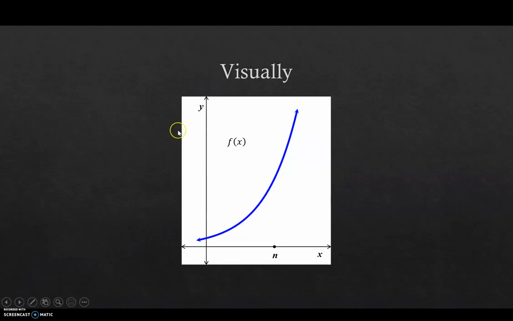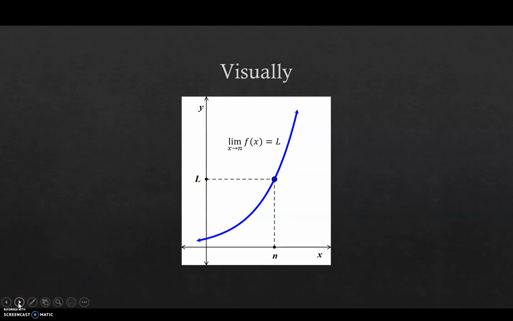So, I've got my little graph right here. This blue curve is representing my function, and here's n, my little x value, the input that I'm plugging in. What I'm going to do is follow this up to where it is on the function and then come over to the y value over here on the left. That's representing my output, my answer. That's L. Okay, so again, start at n, go up to your function, see where y is, this L value.